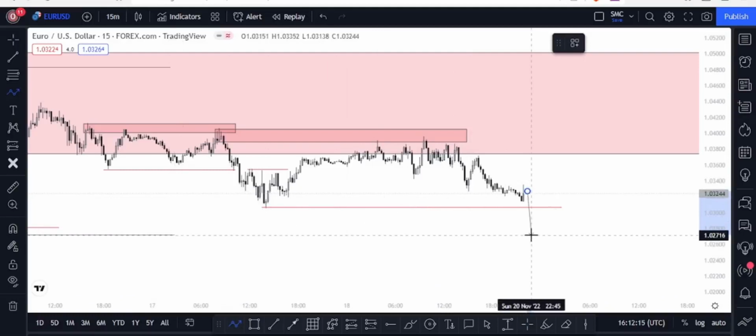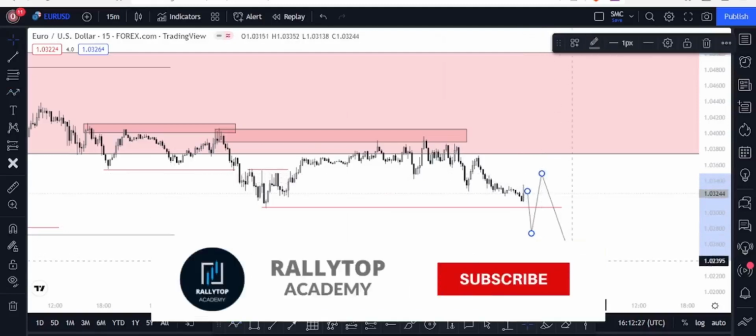And then if that happens in the week we want to enter, price comes back to take out this liquidity here and then bumps into any of these OBs before we see any movement down.